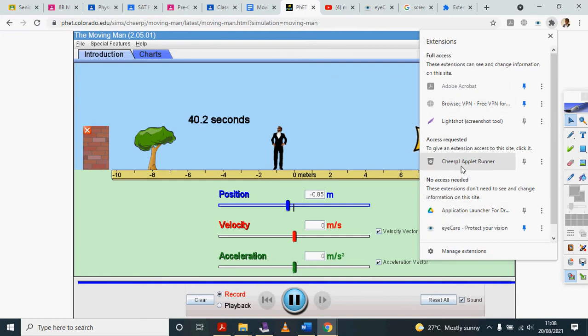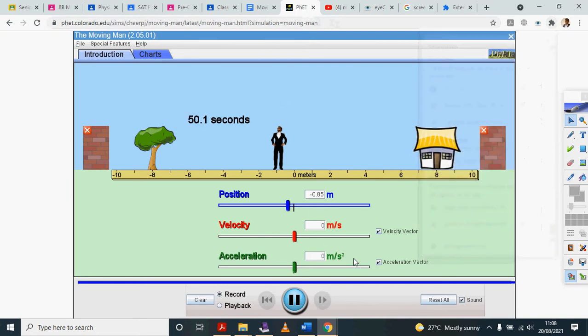Tier PJ Applet Runner. If it's not working, then install that extension. But it should work on your computer. I'm pretty sure it will work. But just in case, you want to install that extension on Chrome. If you're using a MacBook, I have no clue. I hope it just works for you.